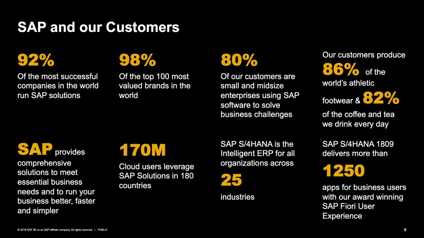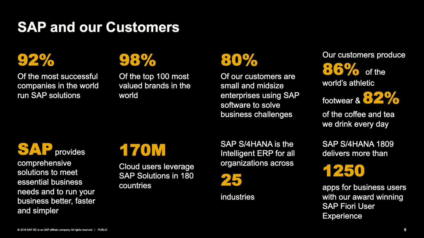Why are we so popular? Why are we so broadly used? It's because we provide comprehensive solutions to meet essential business needs and to run your business better, faster and simpler. So we do everything from finance, procurement, sales, manufacturing, plant maintenance, distribution. If you name it, apart from flying a plane, we probably do it.